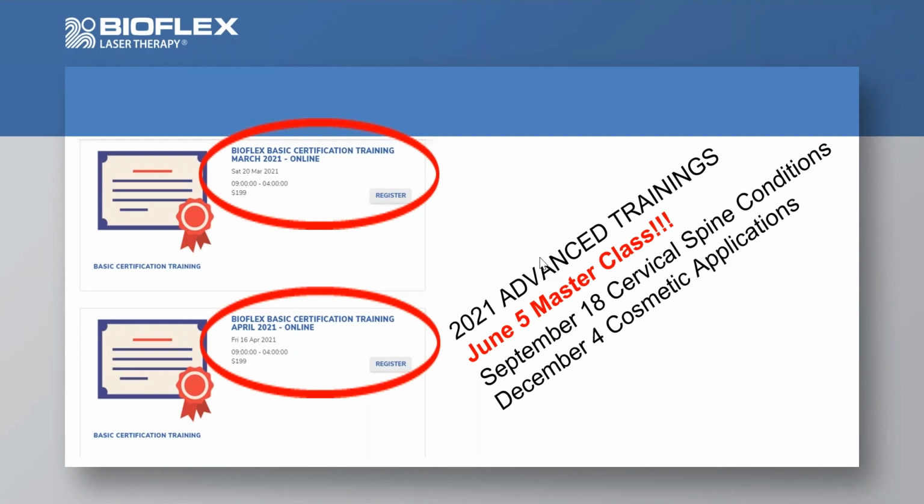A question from Maria. Hi, Maria. What would the protocol be for a navicular fracture resulting from an ankle sprain? So, you're going to use a similar protocol. You want to make sure that the navicular bone is covered with the array. But when it comes to using a laser probe, that would be a bit of a difference, because for the fracture, you want to try and get light into the bone as much as possible.